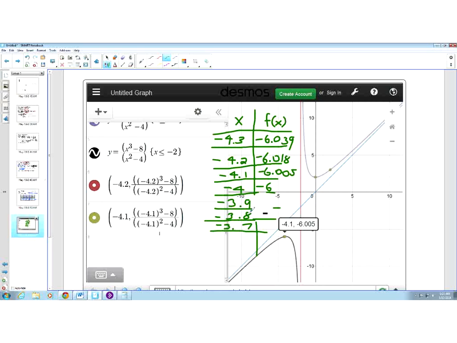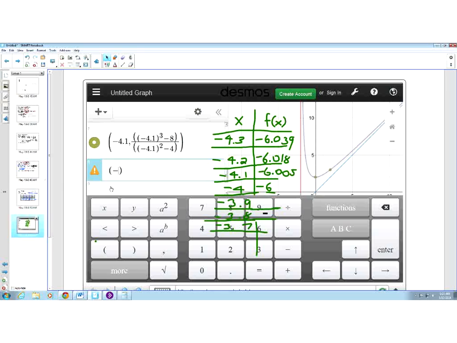All right, so let's do the next one, negative 3.9. So we'll have negative 3.9, negative 3.9 cubed minus 8 divided by negative 3.9 squared minus 4.